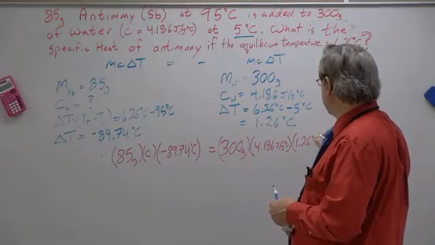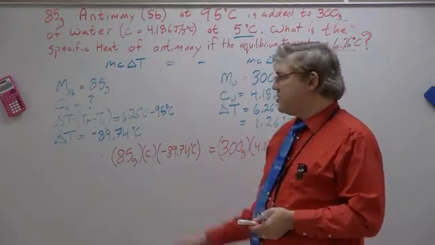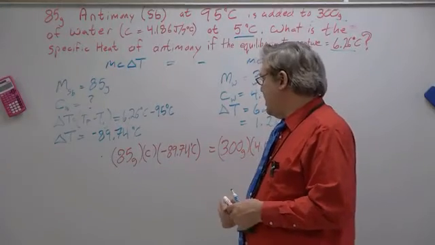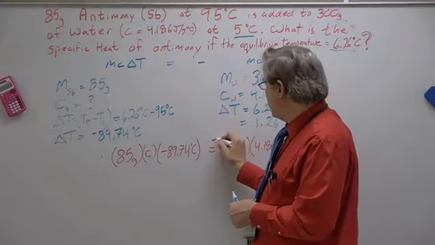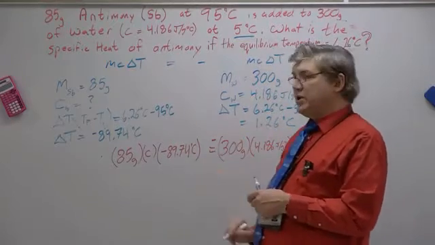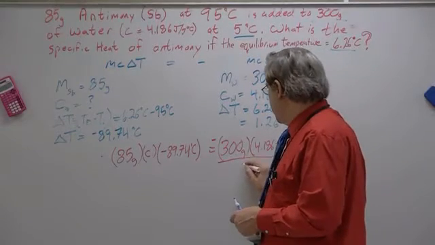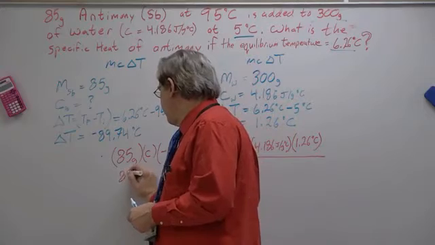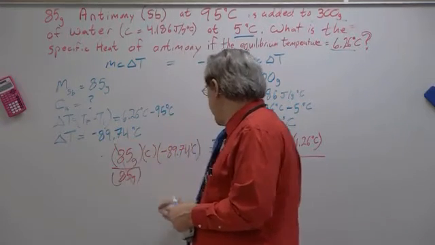1.26 degrees Celsius. Now, the easiest way to solve this problem for C is to just divide both sides by 85 and by minus 89.74. Oh, that minus reminds me, I was going to stick a minus in over here, and it's going to cancel with that one. So if I divide both sides by my 85 grams, that cancels.